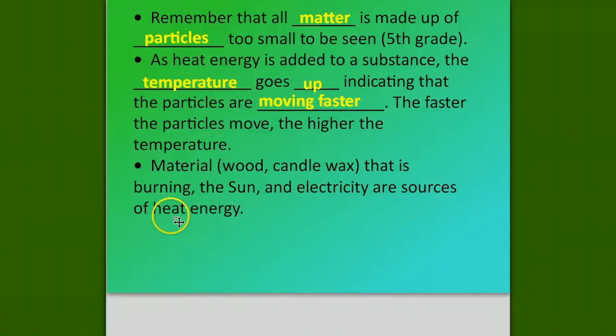So all of the examples that you should know of heat energy are materials like wood, candle wax that's burning. So if I burn wood, if I burn candle wax, the sun is an example, and electricity are all examples of heat energy. So if I ask you that on a quiz, you need to know it.